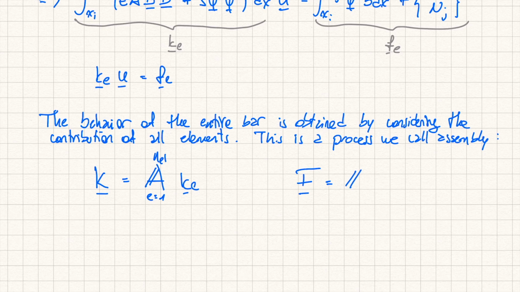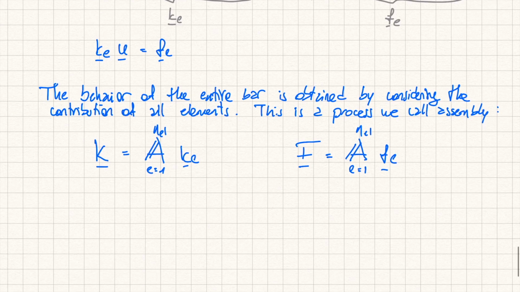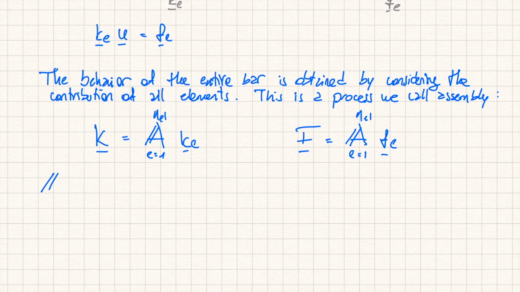My global force vector is going to be the result of an assembly procedure. e is equal to 1 to the number of elements in the mesh. And I'm going to have my lowercase f^e, which is my lowercase or local force vector array, right? And so we say indeed that this A is the so-called assembly operator.